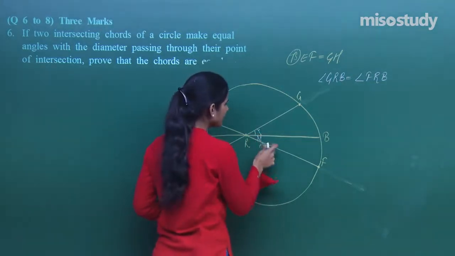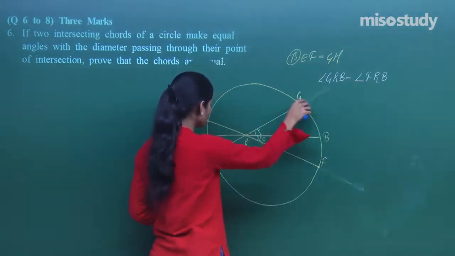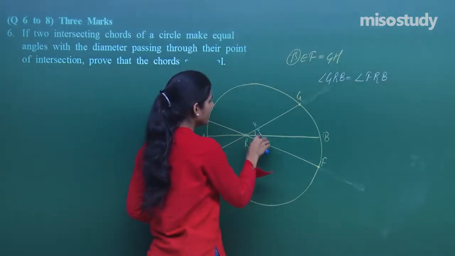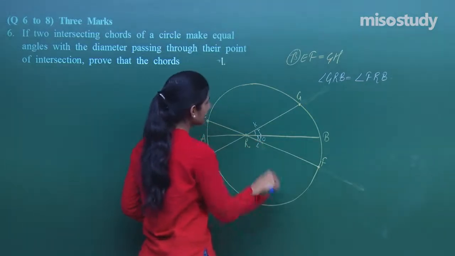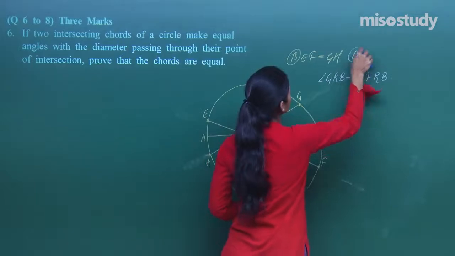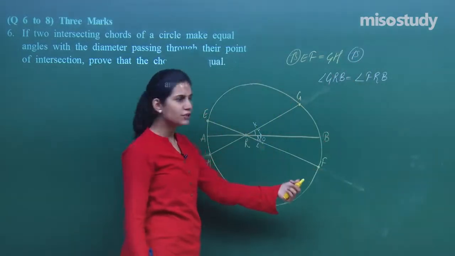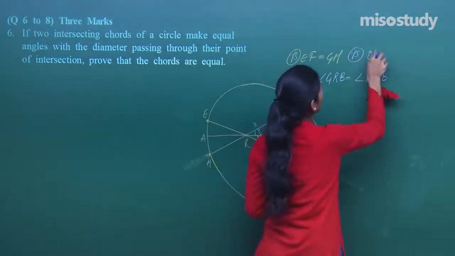Obviously, from the center, this is O. From the center I drop a perpendicular to chord HG. Say this is K. And from the center O I drop a perpendicular to the chord EF. Say this is L. I have to show, in order to show EF is same as GH, in order to show two chords are equal in length, I will show that they are equidistant from the center. So I will show OK is same as OL.